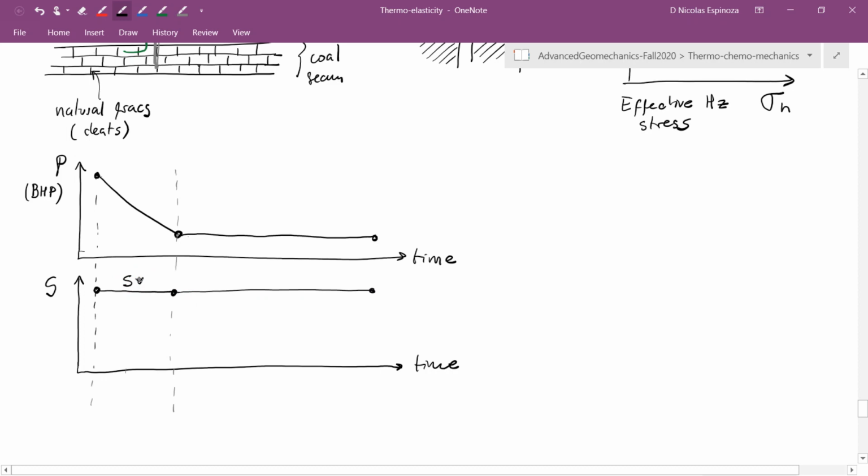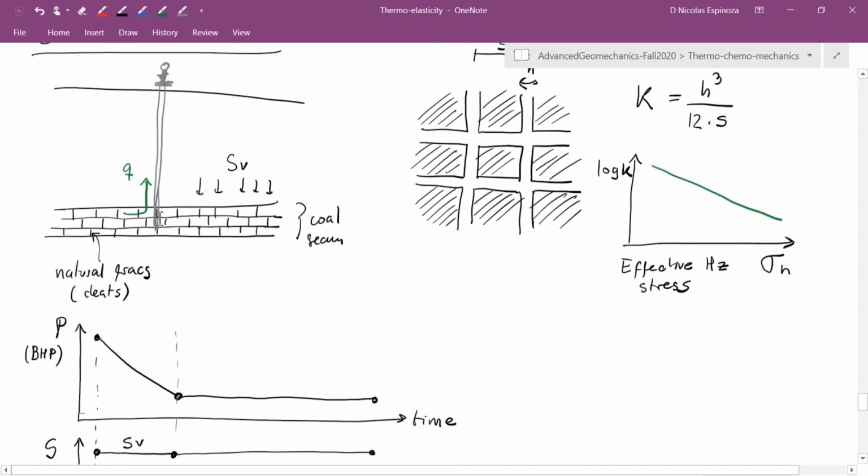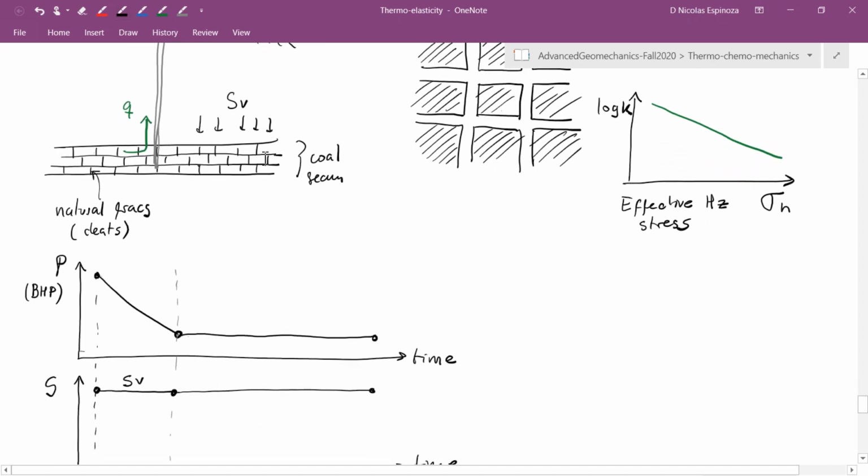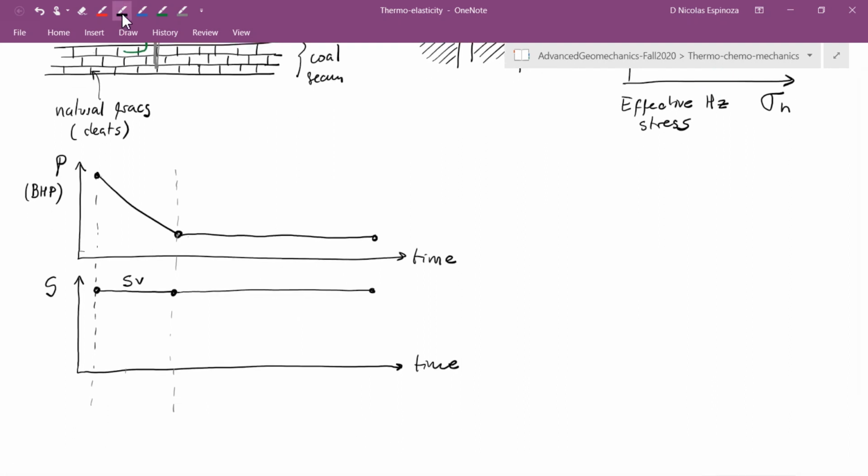What is going to happen to the horizontal stress? The horizontal stress, we have seen that the drain solution for a pore elastic medium implies that the total horizontal stress is going to decrease as the pore pressure decreases.